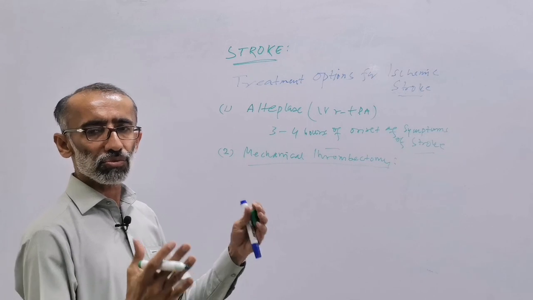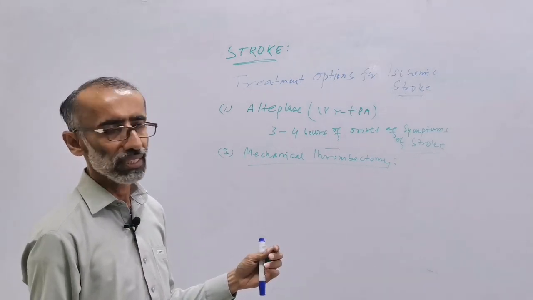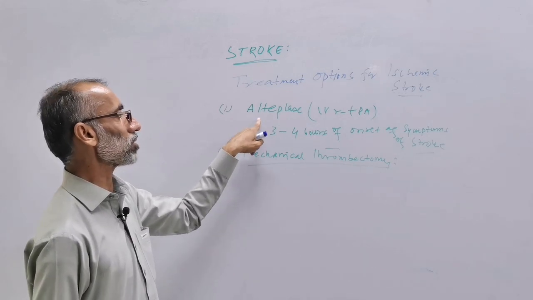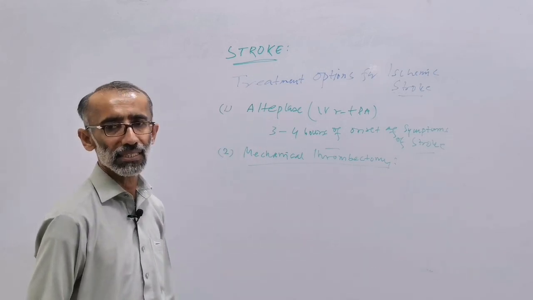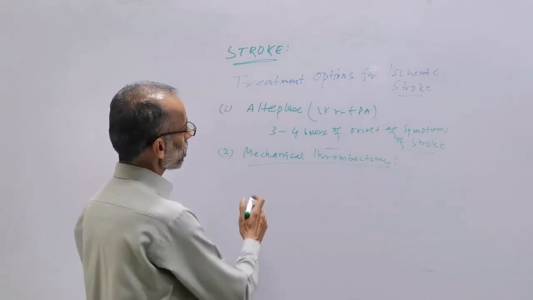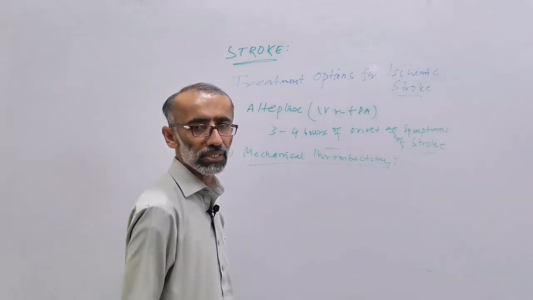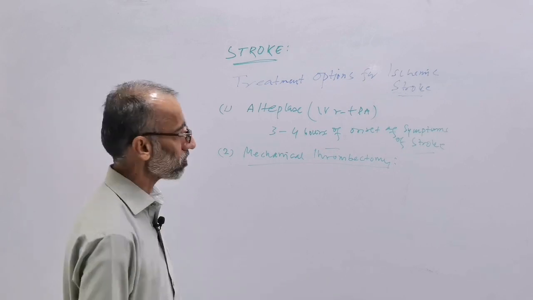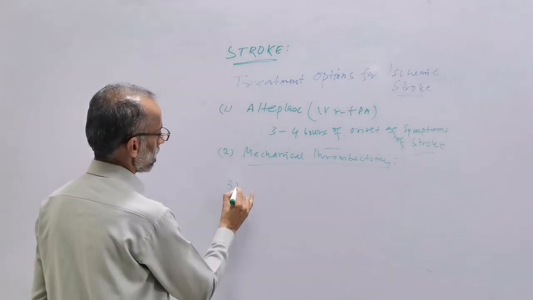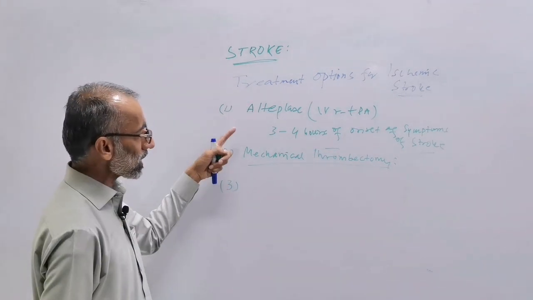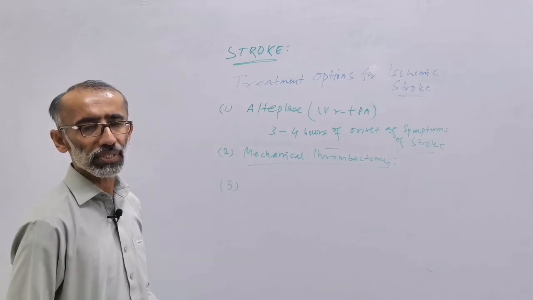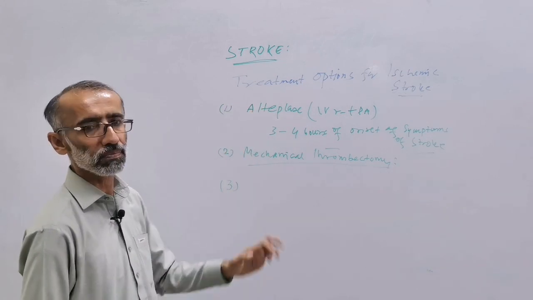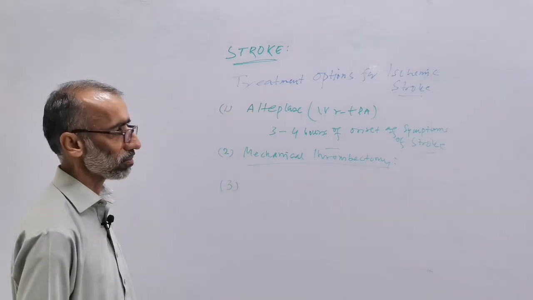If the clot is very large and is not able to be broken down by alteplase, then we use the mechanical thrombectomy to remove that thrombus. Alteplase and mechanical thrombectomy are definitive treatment options for ischemic stroke.